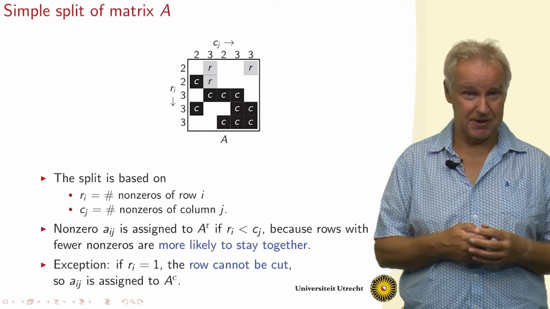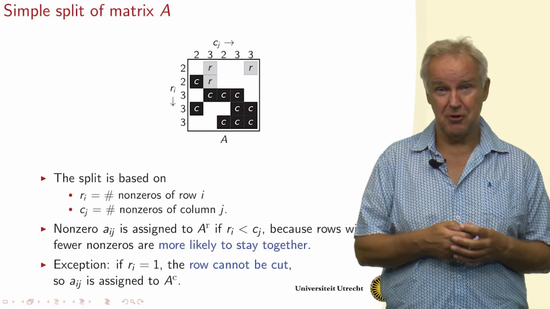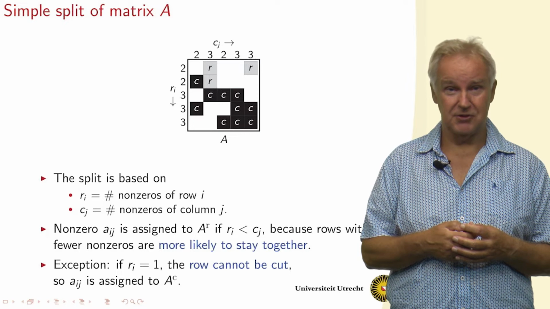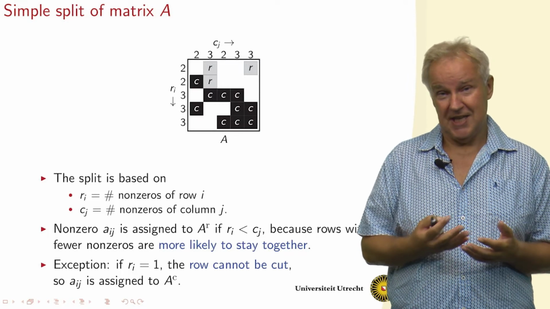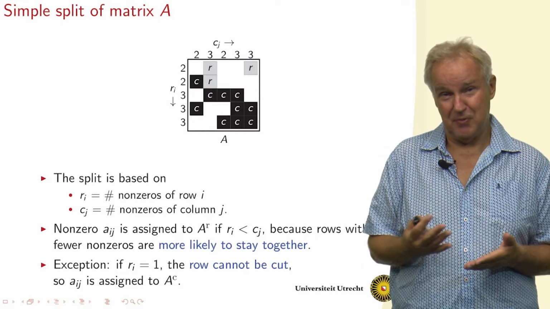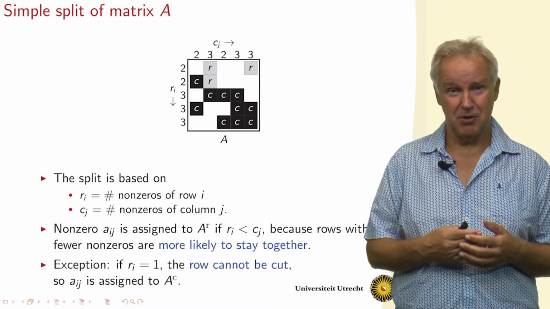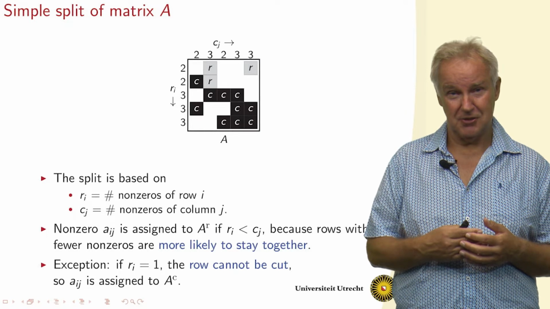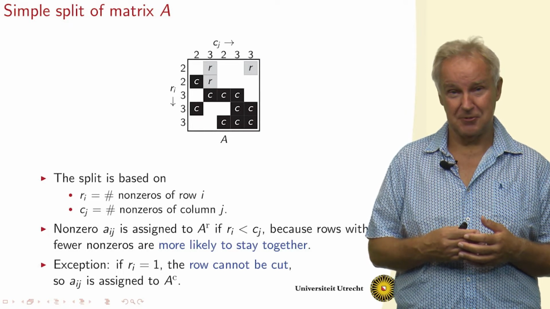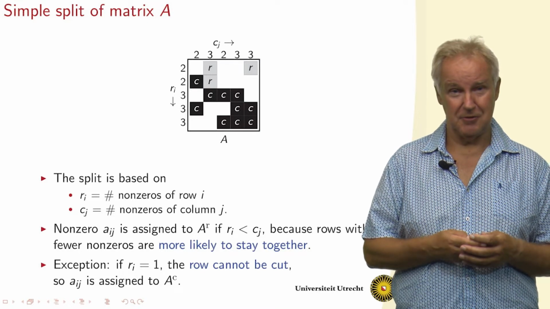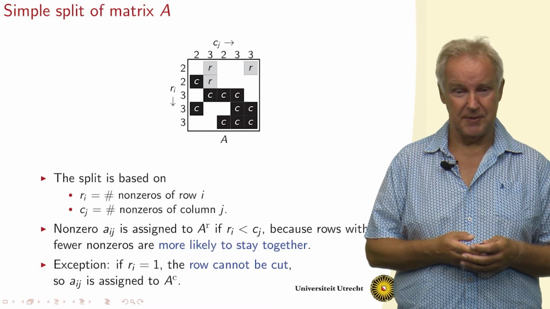There's one exception. In case a row contains only one element, only one non-zero, then of course it has a lot fewer than in the column, but that row cannot be broken, it cannot be cut. So we still assign it to the column, so it can participate there and help in reducing communication there as well.